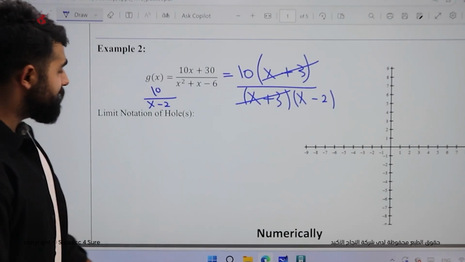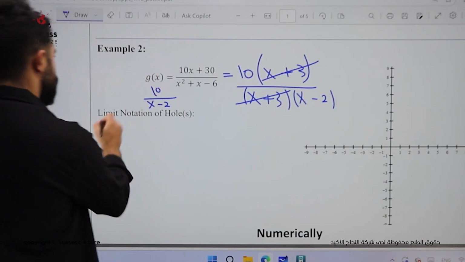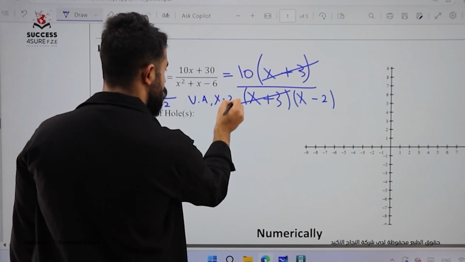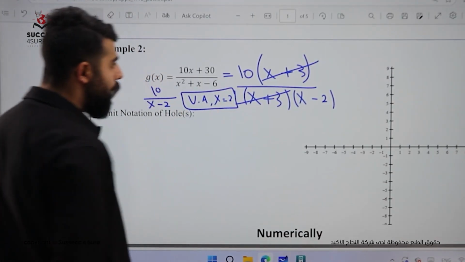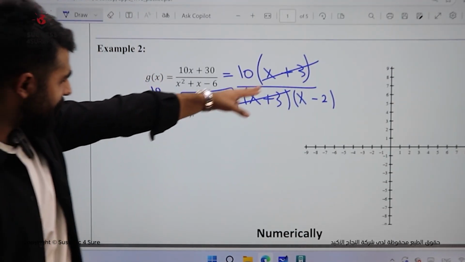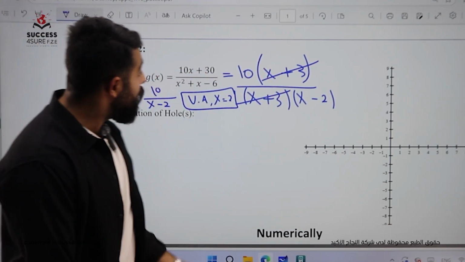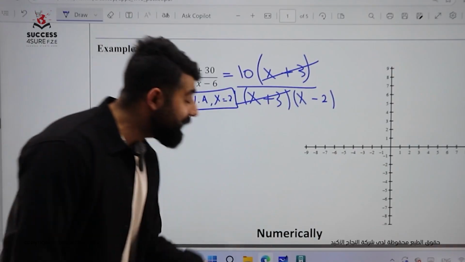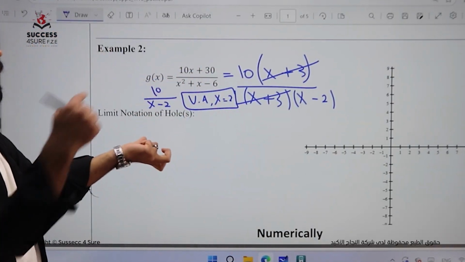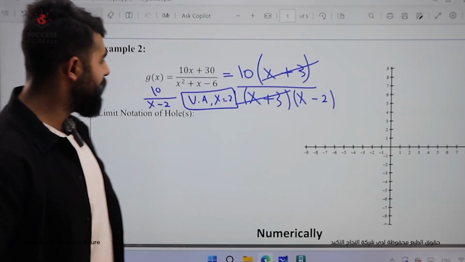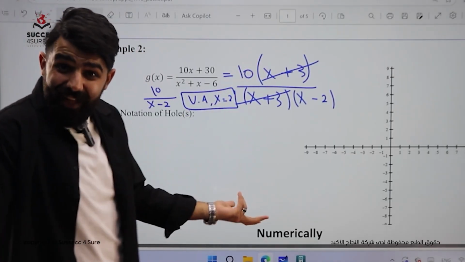That means you have a vertical asymptote at x equals 2. Now, what about x plus 3 that we canceled out from the numerator and denominator? The factor that you cancel means you have a hole there, because the function itself is undefined at x equals -3, but we canceled it out.